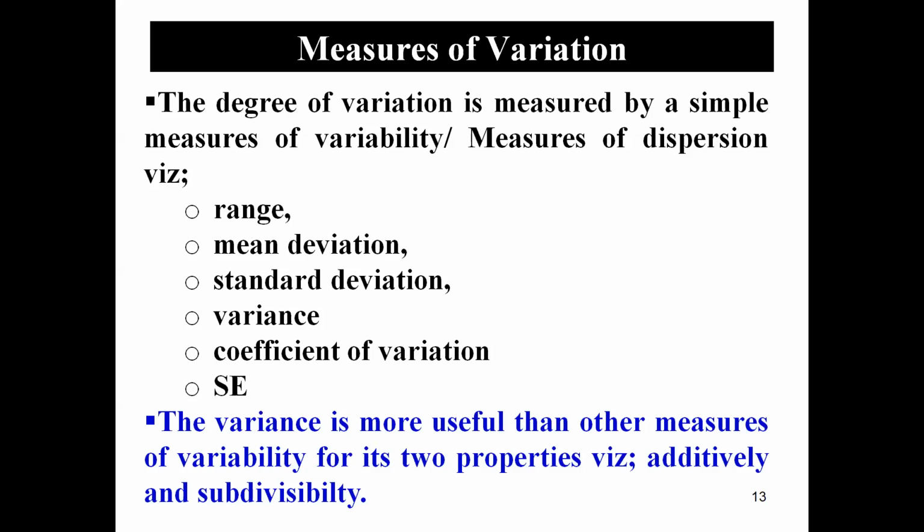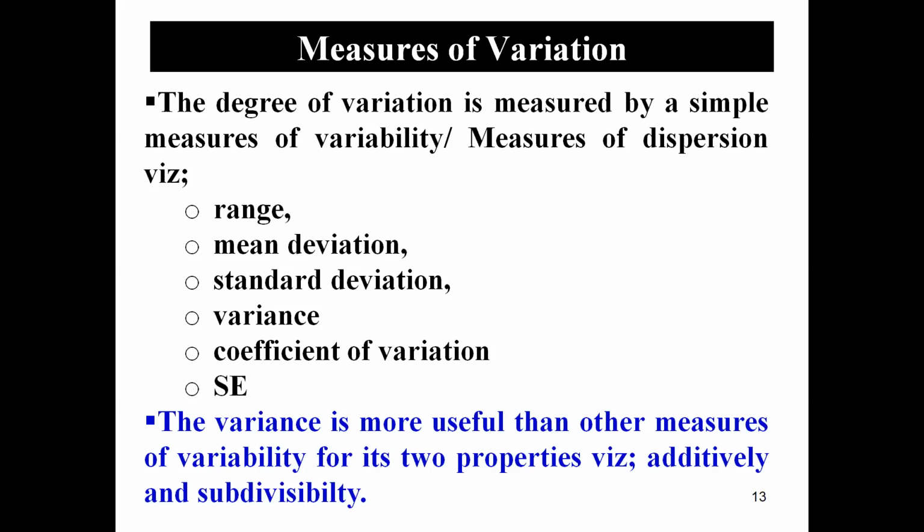Among these, variance is more useful than other measures of variability because it has two important properties: first, additivity, and second, subdivisibility. Additivity: suppose there is genotypic variance and environmental variance.